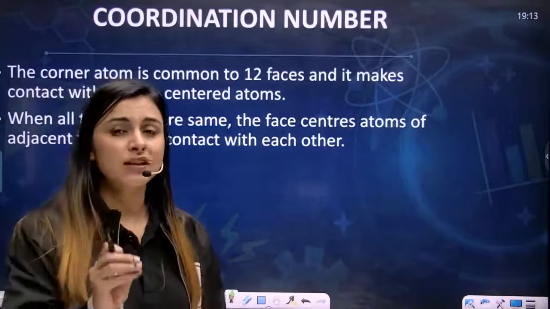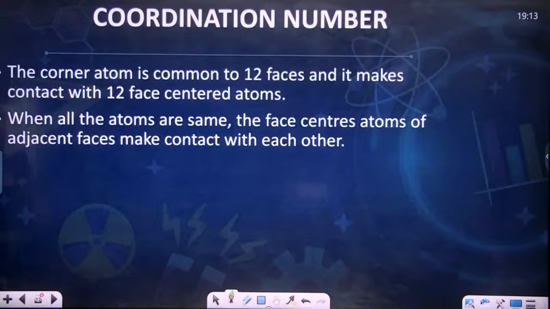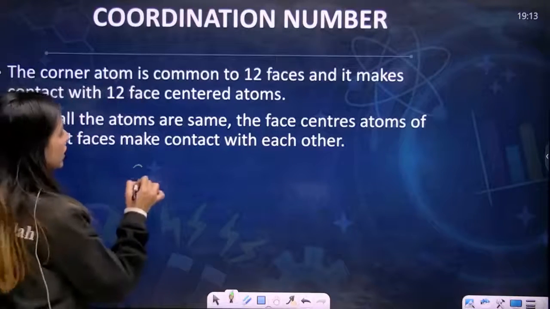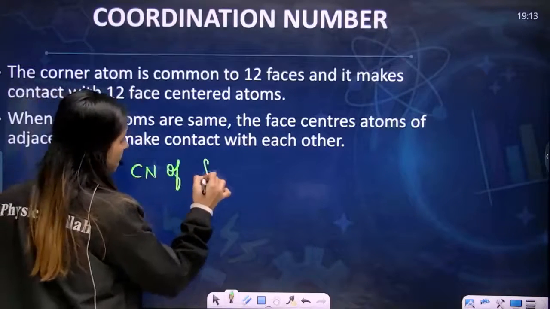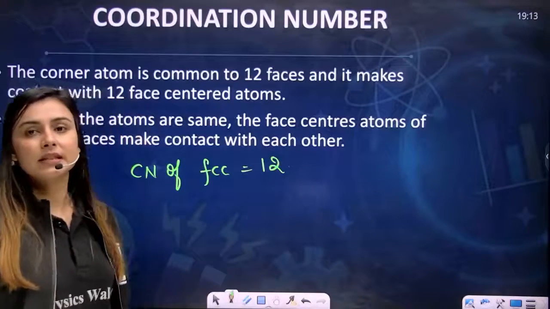I'll make you explain how this comes out to be 12, but just write it down. The corner atom is common to 12 faces and it makes contact with 12 face-centered atoms. Now, when all the atoms are the same, the face-centered atoms of adjacent faces make contact with each other. So, the coordination number of FCC is 12.